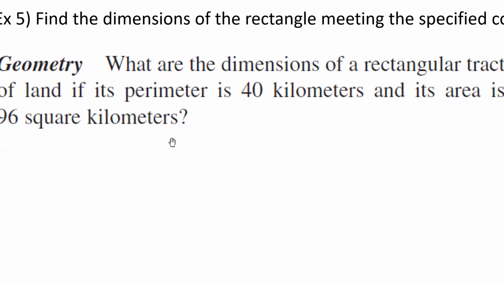So what are the dimensions of a rectangular tract of land if the perimeter is 40 kilometers, area is 96 square kilometers? It's just like factoring: what multiplies to equal, what adds to equal. And the numbers are nice.